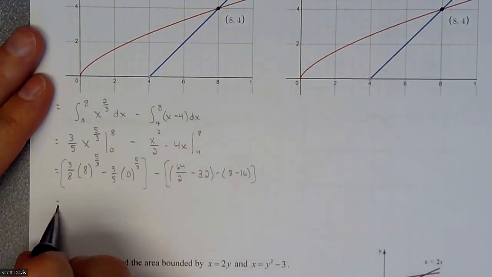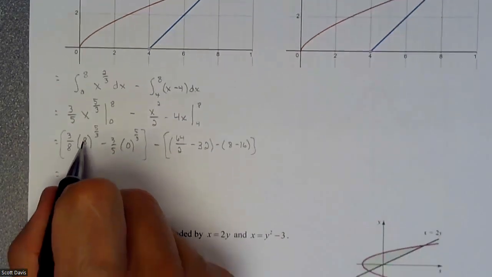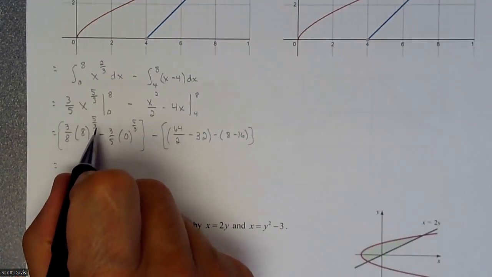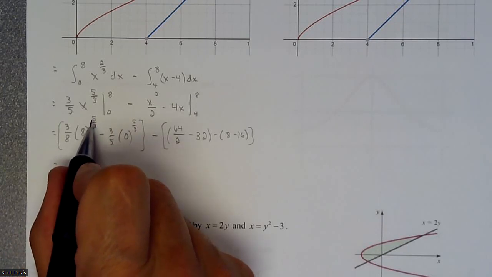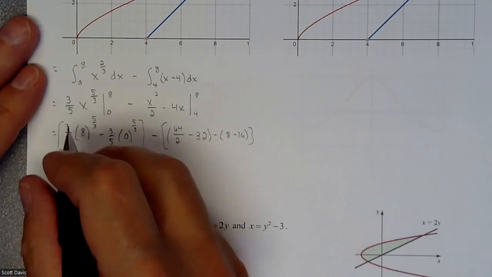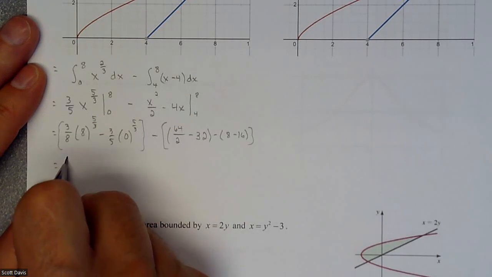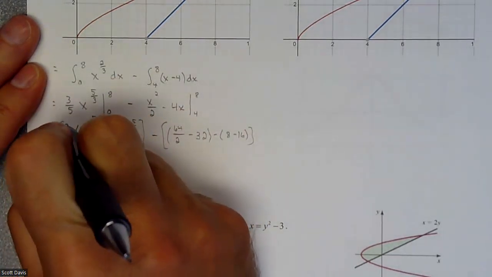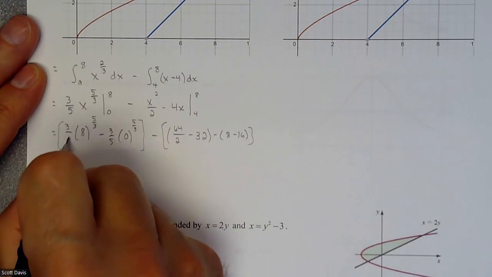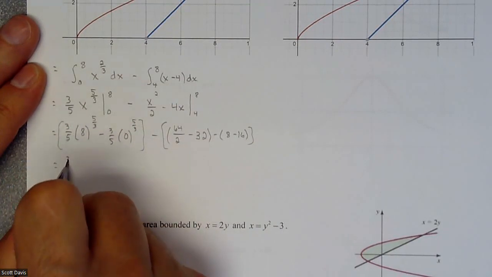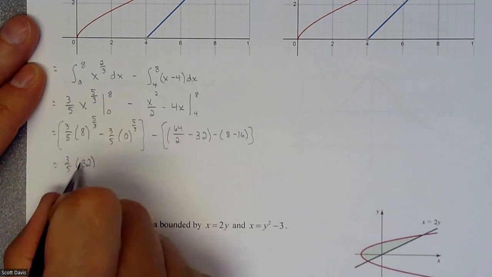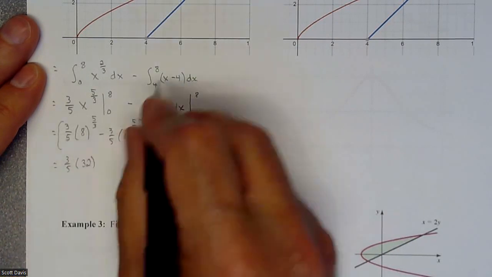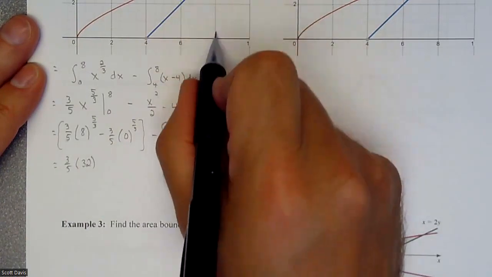Okay, so here we have 8 that's being cube rooted and raised to the 5th power. The cube root of 8 is 2, raised to the 5th is 32. So 3/5 times 32. That value, because this is going to go away, is going to represent the area of the whole thing, right?